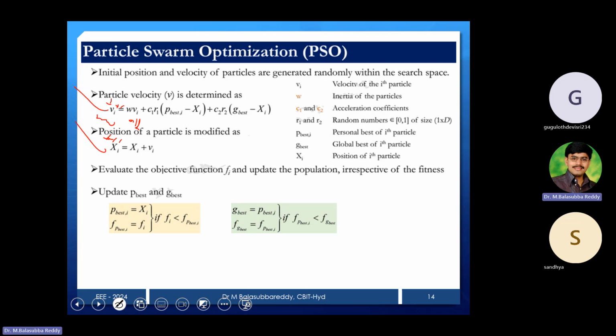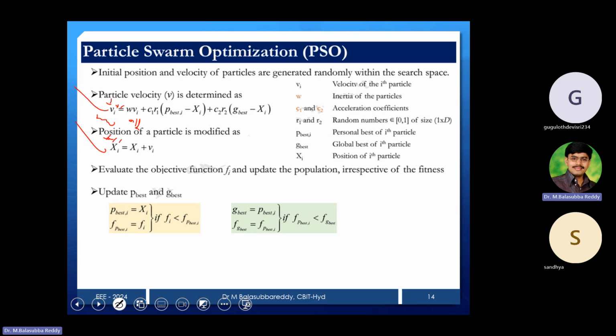So here, when you are going to update, as I gave as an example previously, if you have a good grade in the betterment, you will update the position, or in terms of velocity. Once the velocity is updated, then automatically the position is also going to update. In that case, first we check whether it is a P best updation or a G best updation.